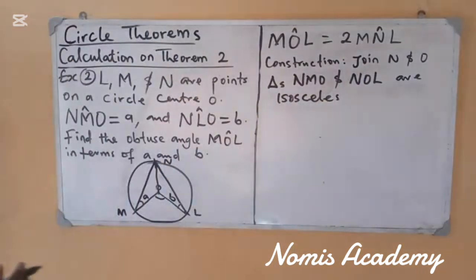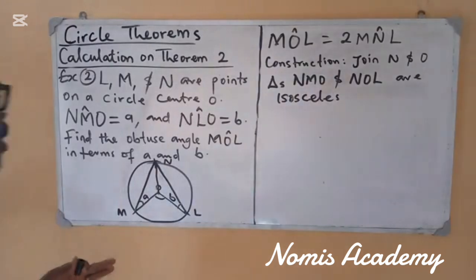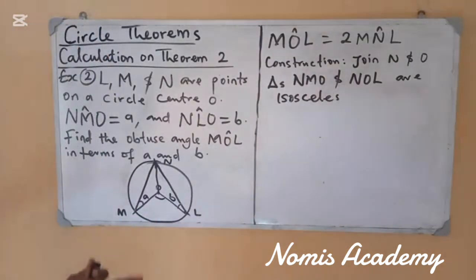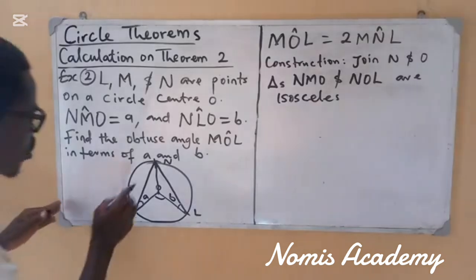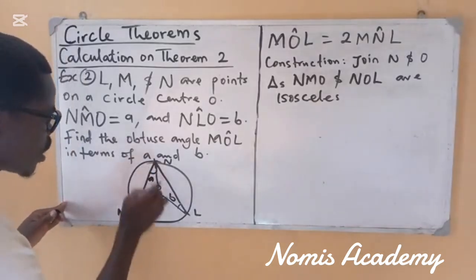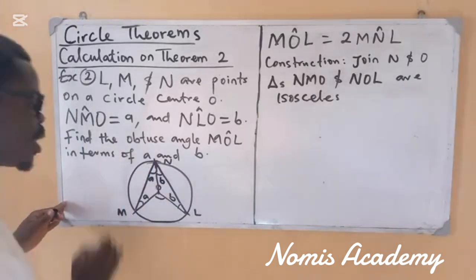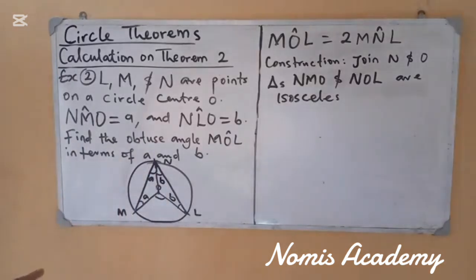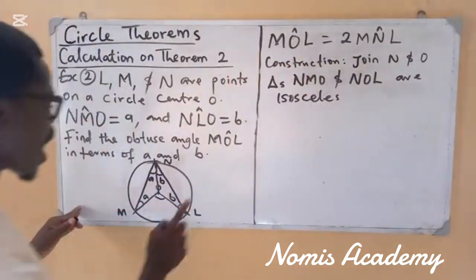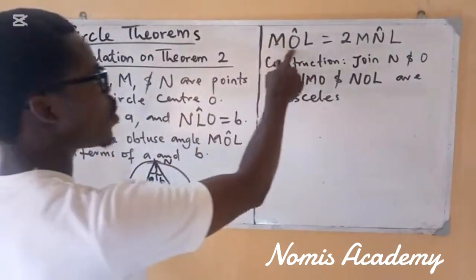It then means that the base angles of these isosceles triangles are equal. So this side angle at N is A, while this other side is also B.